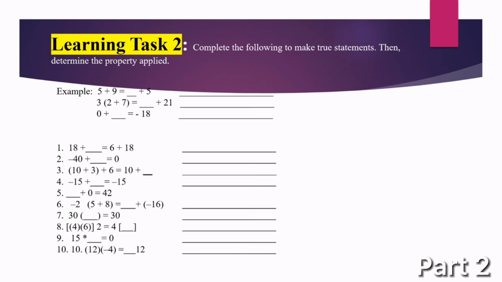So, what is the missing number? The missing number is 9. So, tingnan mabuti. 5 plus 9, 9 plus 5. So, changing the position of the number. So, what property is that? That is commutative property.